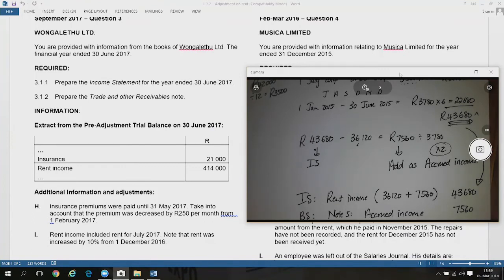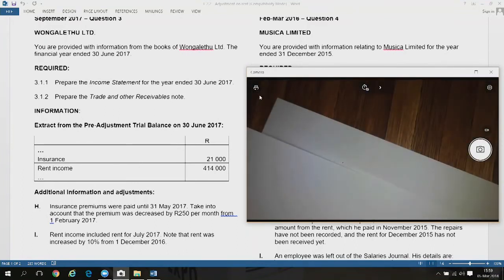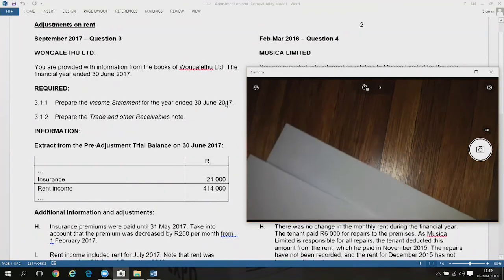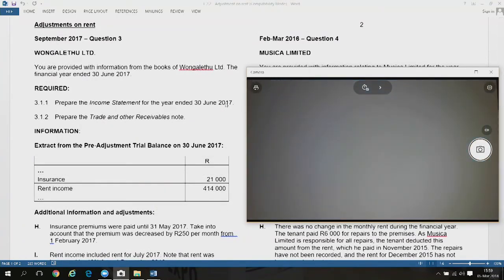Number 1, your accounting period. This was question 3 of September 2017. That was last year. Wongaletu Limited. The question was the income statement and the trade and other receivables, so that is note number 5. I only show the insurance and the rent income.